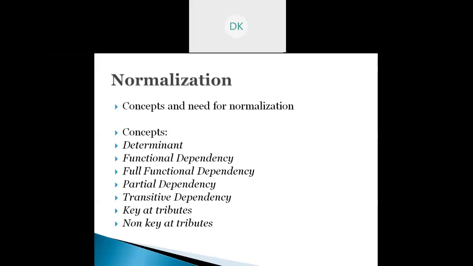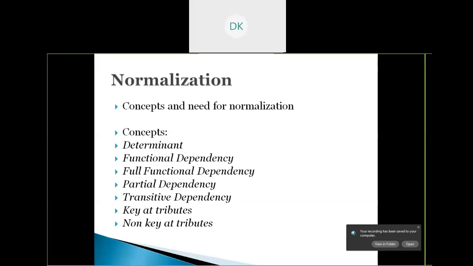So normalization is nothing but dividing different concepts in our real life into multiple entities and interlinking. For example, employee and department, right? Employee and department can be amalgamated into one entity, but you won't have a meaningful reporting on top of that.